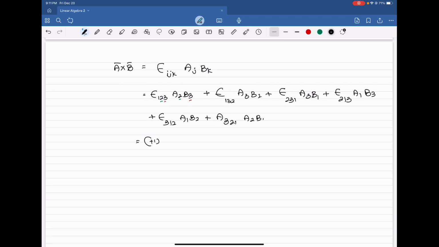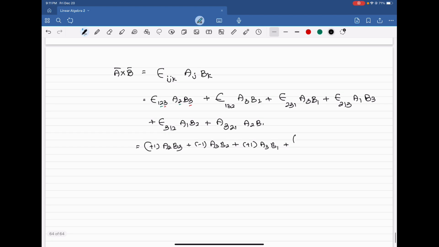It is plus 1 into A2, B3, plus epsilon 1, 3, 2 is minus 1, A3, B2, plus epsilon 2, 3, 1 is plus 1, A3, B1, plus epsilon 2, 1, 3 is minus 1 into A1, B3, plus epsilon 3, 1, 2 is plus 1 into A1, B2, plus epsilon 3, 2, 1 is minus 1 A2, B1.